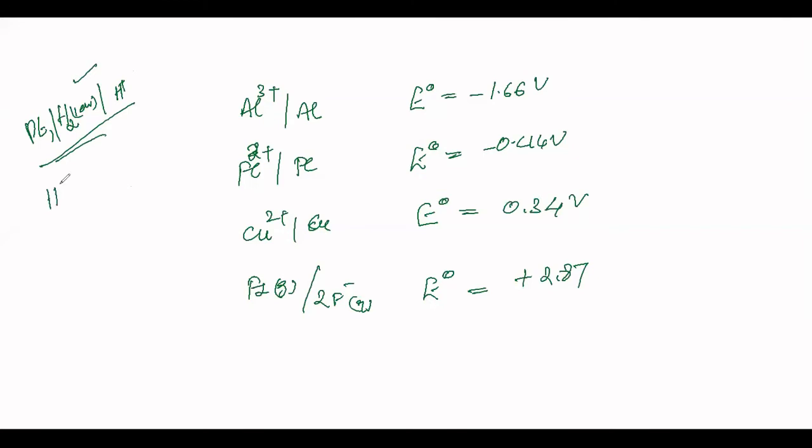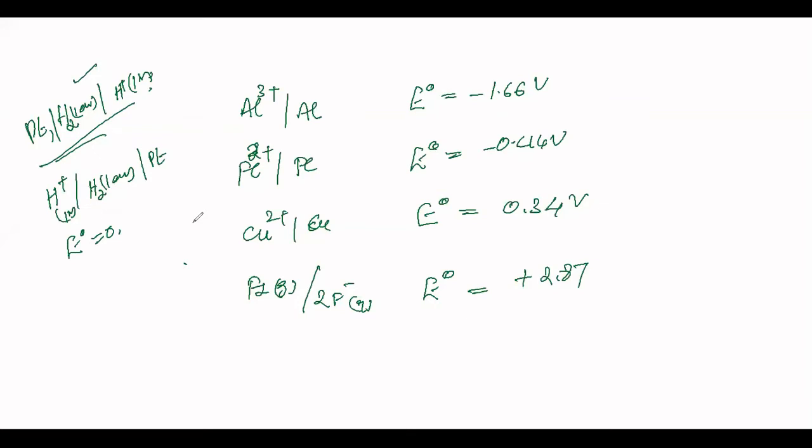When it is acting as a cathode, then it has to be H+ 1 molar, H2 at 1 atmospheric pressure, then Pt. That is the only difference. The electrode potential of the standard hydrogen electrode is 0. So which of these electrodes can act as anode when they are connected to the hydrogen electrode?